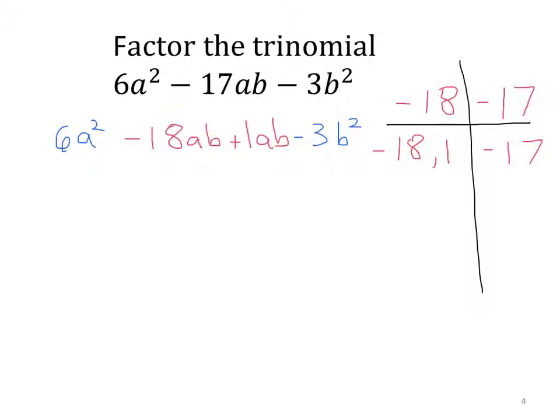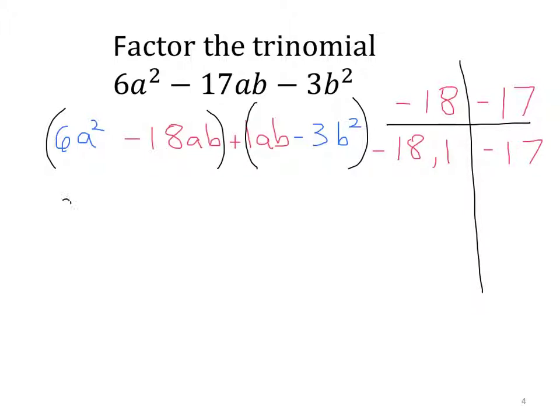And then this one is simply that, and this is simply that. Okay, now that you have 4 terms there, you check to see if that middle operator is a positive, if it's a plus, and it is in this case. So then all we have to do is group, and then pull common factors.